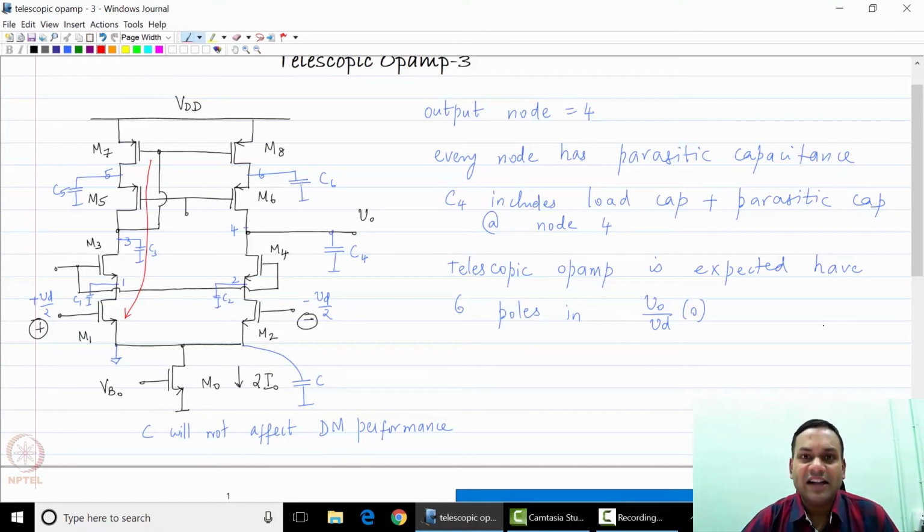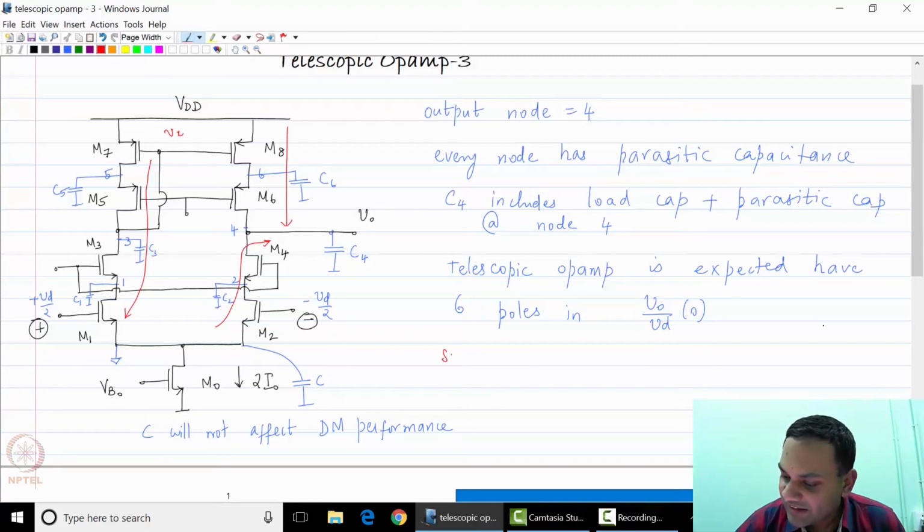The signal current that flows through M1 also flows through M3, M5 and M7, and that creates a small signal voltage Vx, and that causes signal current to flow into M4 from M8 and M6. Similarly, the signal current through M2 flows through M2 and M4.